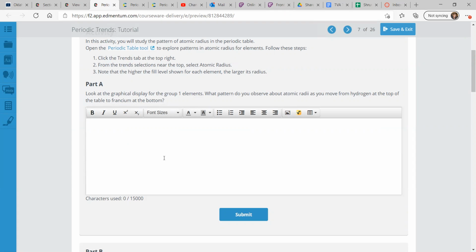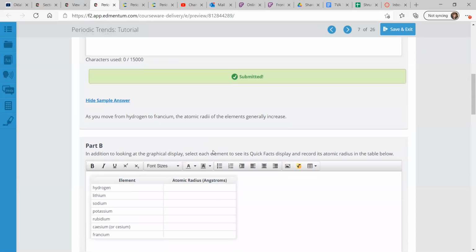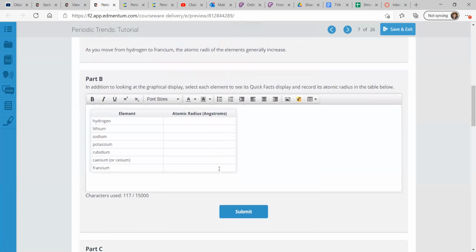What's the pattern we see here? As you move from hydrogen to francium, the atomic radii of the elements generally increase. So as you move down group 1, the radii increase generally.